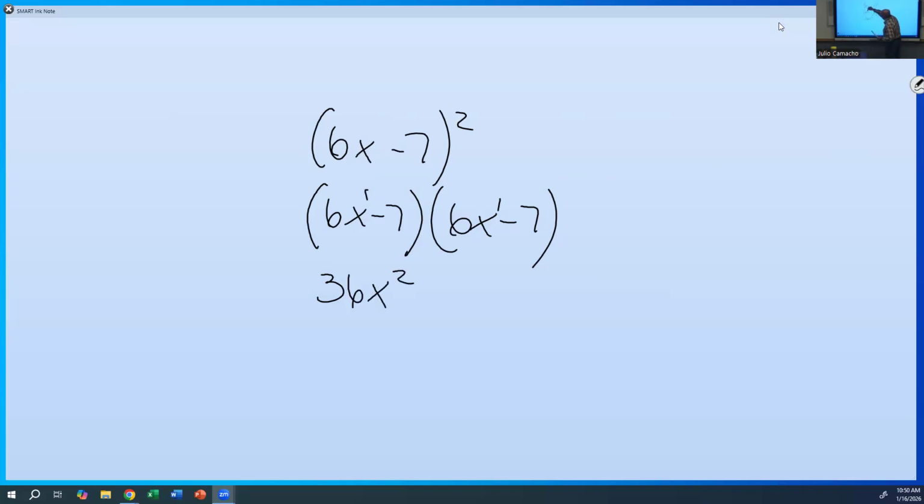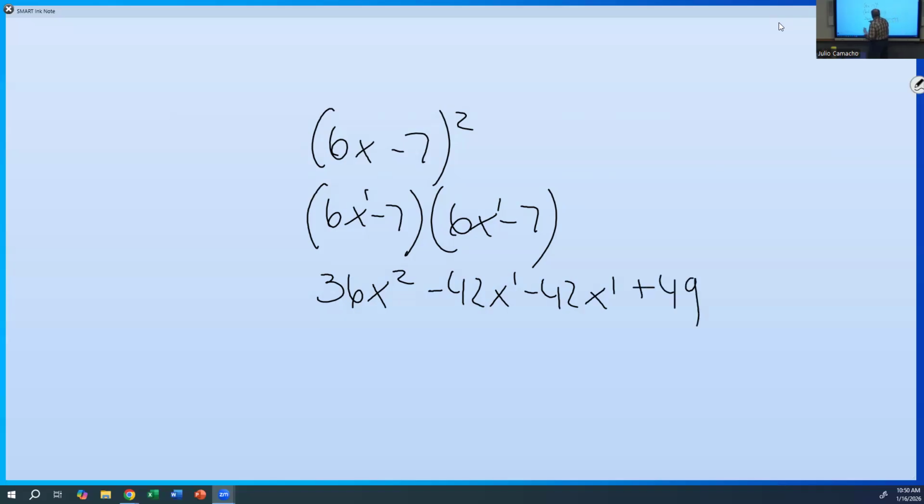And then you multiply 6x to the 1 power times minus 7, which is minus 42x to the 1 power. Negative 7 times 6x to the 1 power will also be minus 42x to the 1 power. Negative 7 times negative 7 is positive 49.